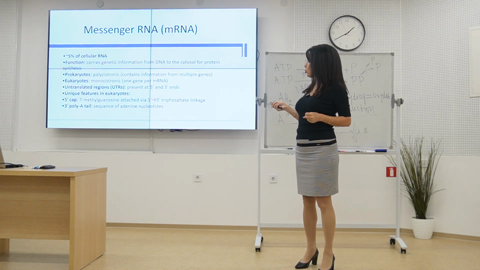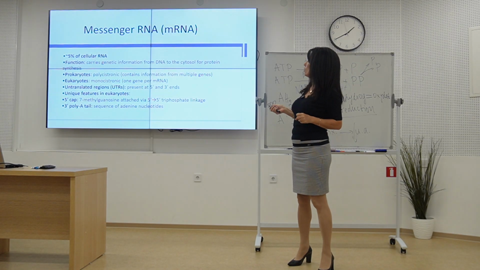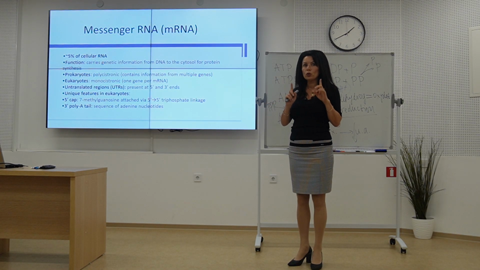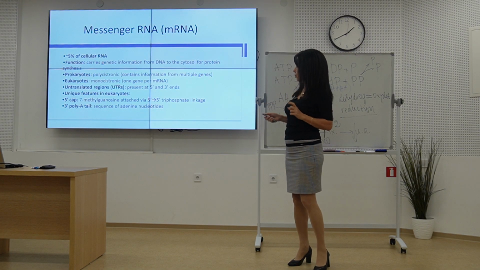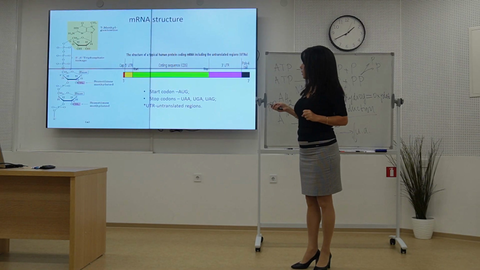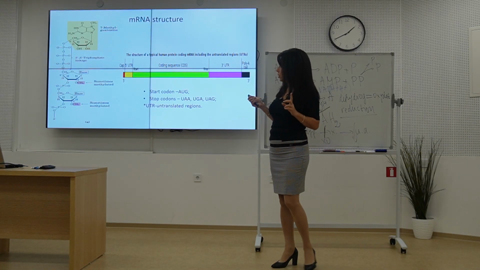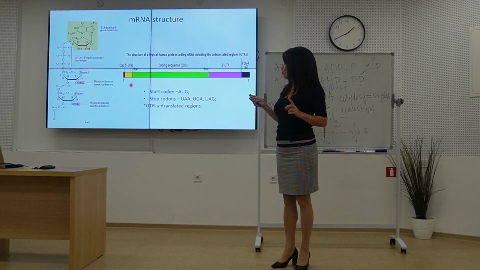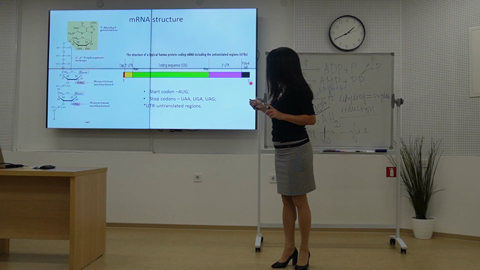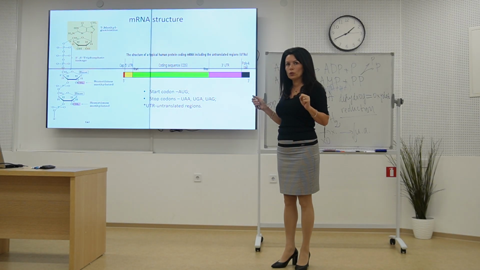This process of maturation requires formation of the spliceosome, and let's see one more thing: what there is in the 5' end and in the 3' end. This is important to know.